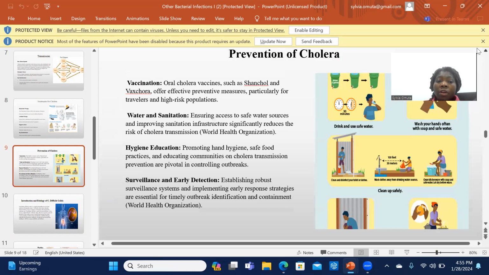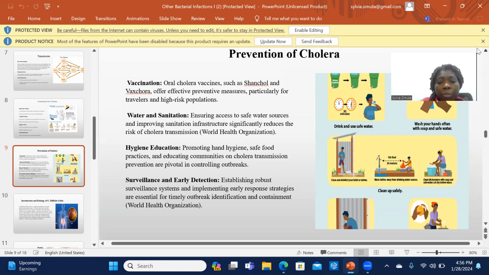Prevention of cholera. Vaccination: oral cholera vaccines such as Shanchol and Vaxchora offer effective prevention measures, particularly for travelers and at-risk populations. Water and sanitation: ensuring access to safe water resources and improving sanitation infrastructure significantly reduce the risk of cholera transmission, according to the World Health Organization.